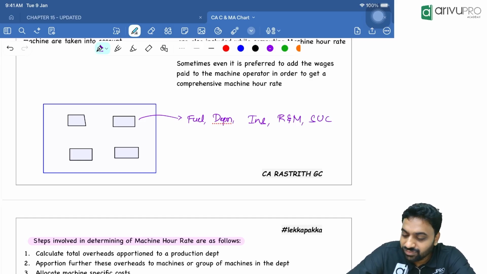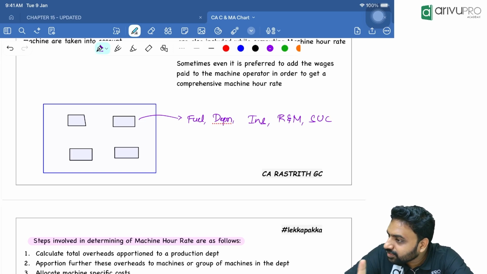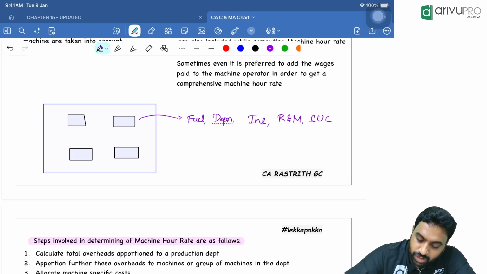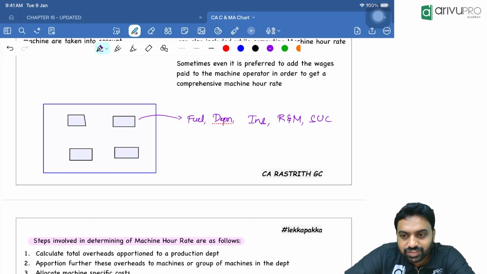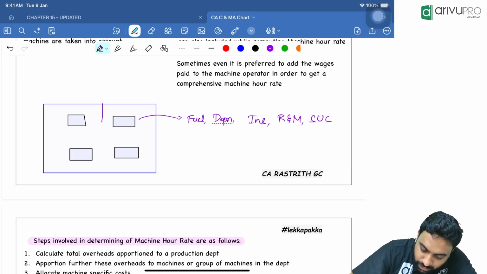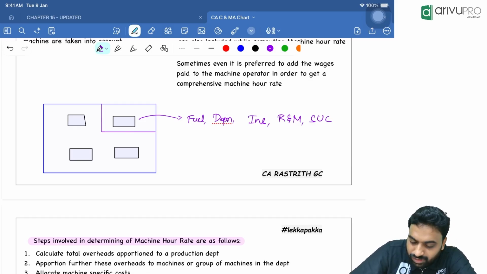In that case, we call it direct machine hour rate. However, now my question is, where is this machine located? Inside the factory, correct? That means, don't you think the space of factory, whatever cost we are incurring, although directly we are not incurring, indirectly it's relating to this machine only.